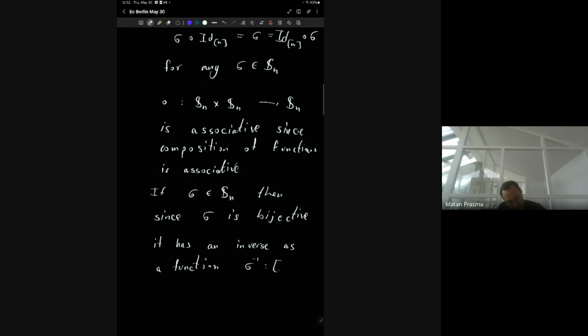This is again a function from n to n. So this is a function such that sigma composed sigma minus 1 is the identity function.